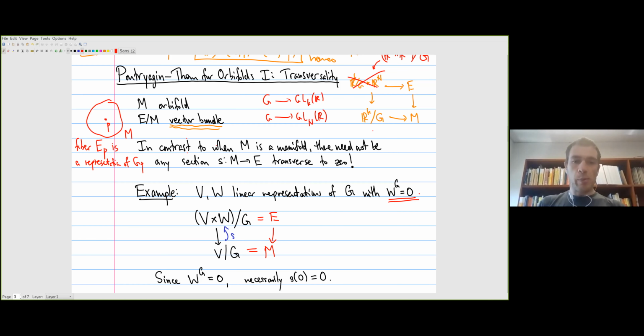So that means the value of the section at 0 has to be an invariant vector, and hence it has to be 0.